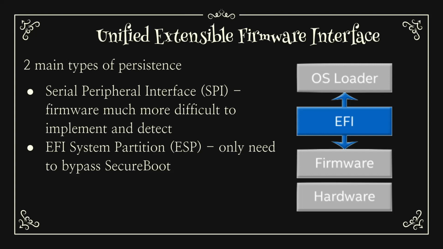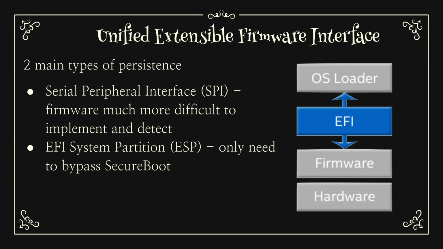Even to get at it as a defender, I'm going to show you some visibility to see some components that are stored in the SPI, but it's very difficult to get to where you need to dump the firmware off and then review it with special tools. So we're not going to be focusing on that.